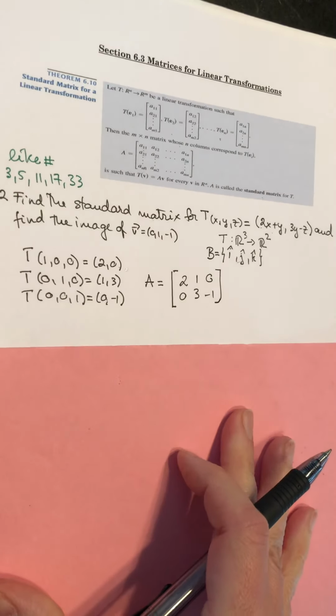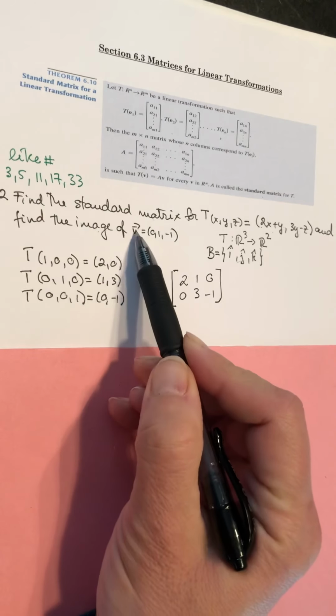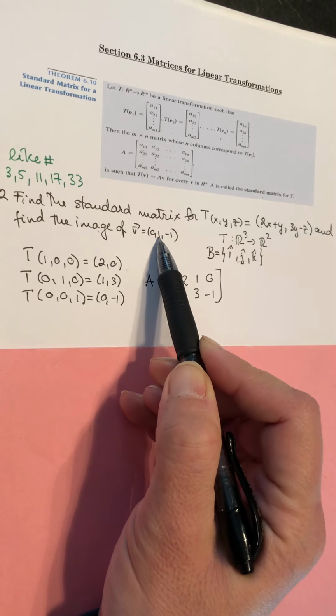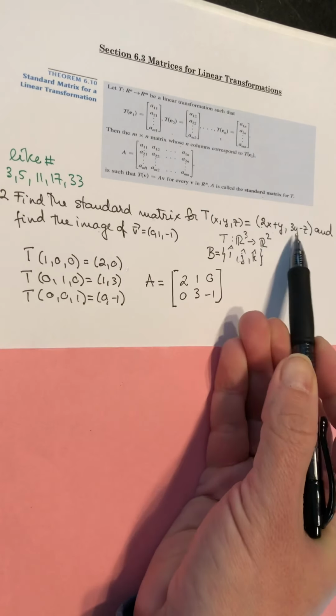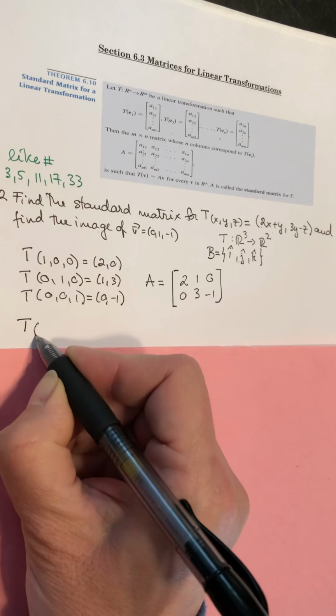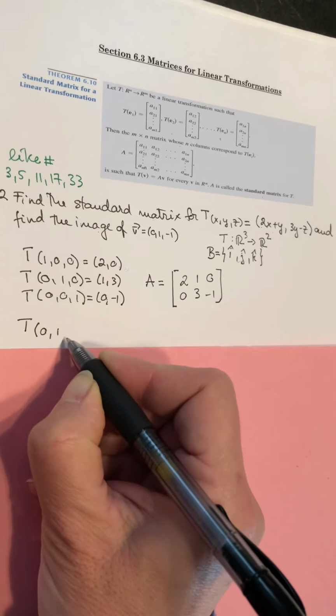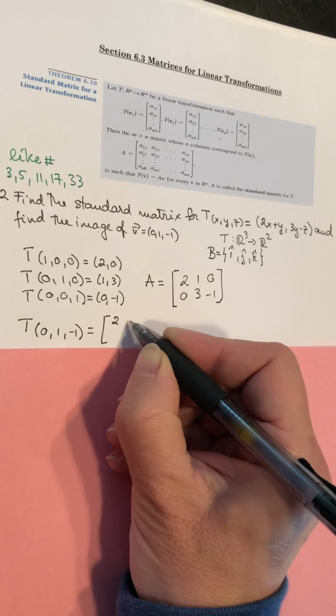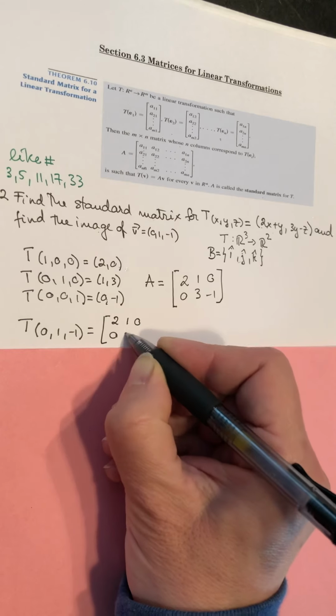For example, in order for me to find the image of V, I could put x 0, y 1, and z -1 through this formula. Or I can say, well, the transformation of 0, 1, -1 will be given by multiplication by this matrix.